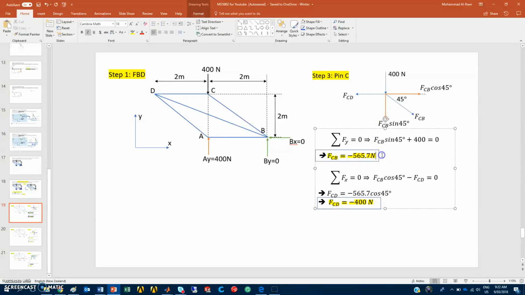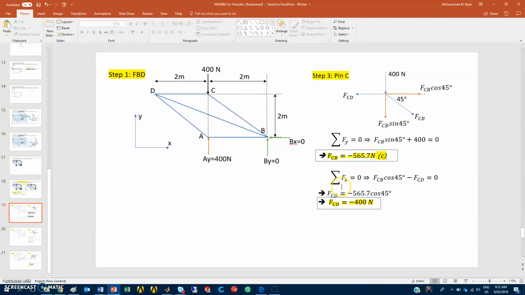So this FCB is actually compressive, so I can write C in brackets to represent compression. C represents compressive, T represents tension. Since I assumed it as a tension force, but the answer gives me negative, it should be a compressive force.